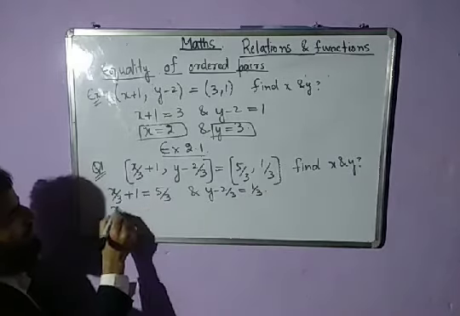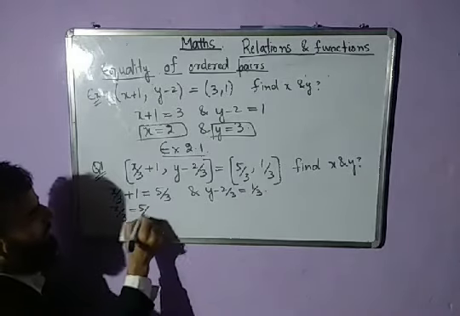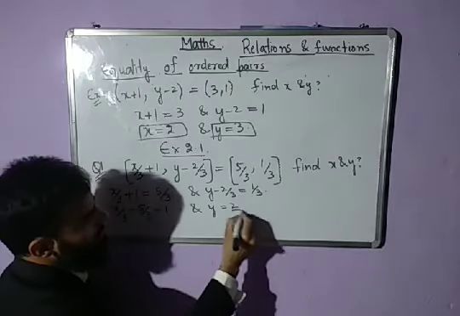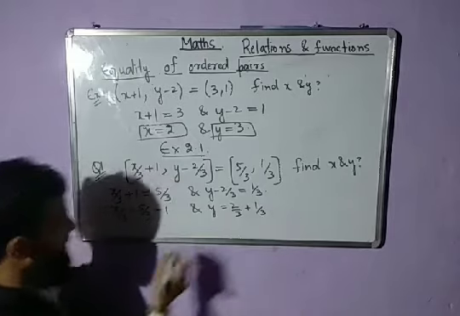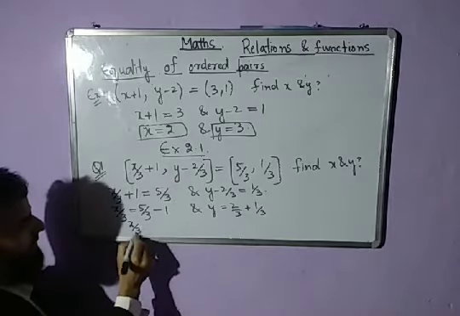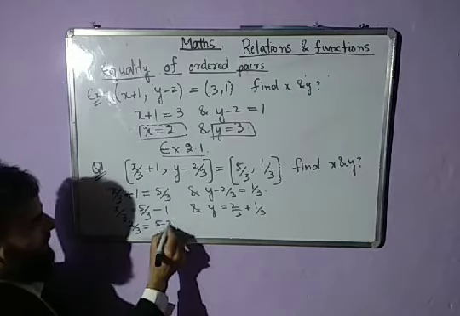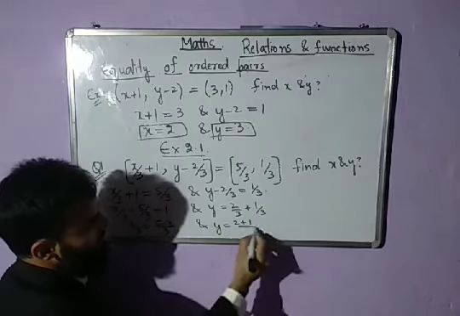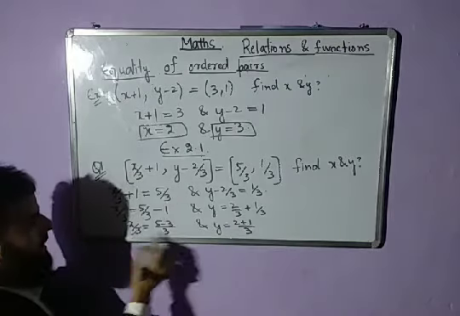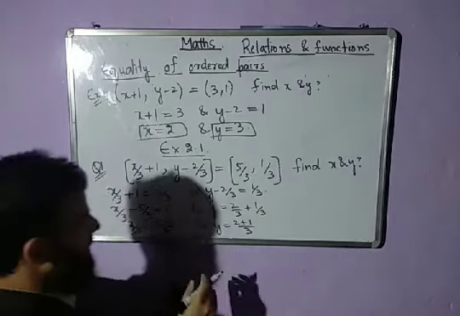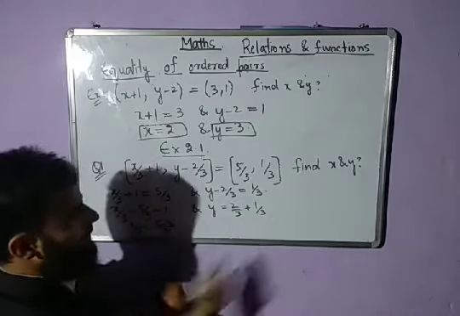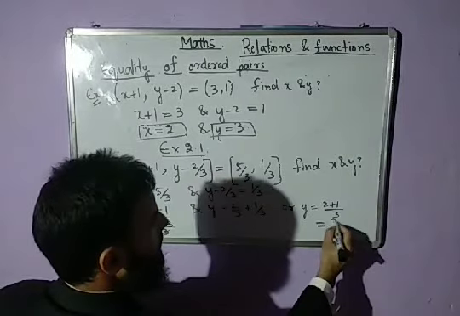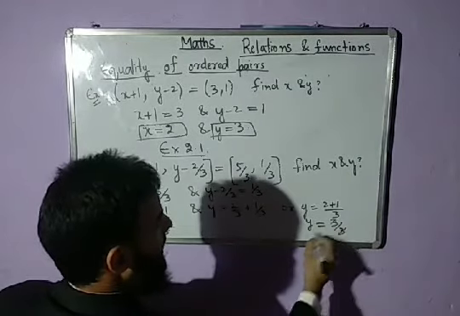Now let's calculate this. I will get x/3 equal to 5/3 minus 1, and y equal to 1/3 plus 2/3. So x/3 is equal to (5 - 3)/3, and y is equal to (2 + 1)/3, which is 3/3, so y is equal to 1.